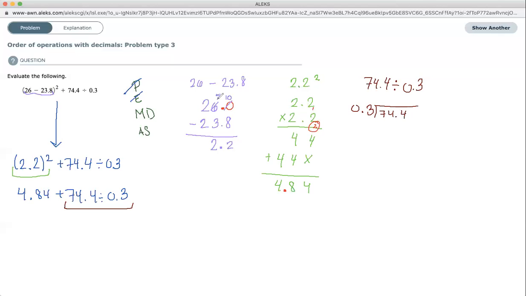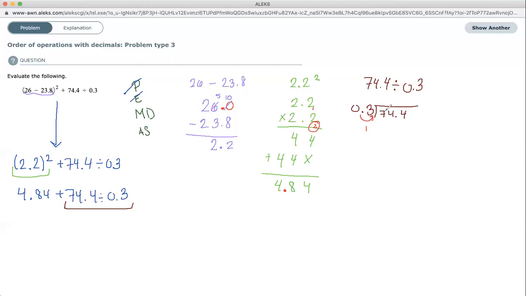So we saw subtraction with decimals. Addition and subtraction requires us to line up the place values. For multiplication, we keep track of the number of digits after the decimal in total before we multiply, and then we just add it in later. For division, we have to make sure the divisor is a whole number. And in order for me to do that, I have to move the decimal place.